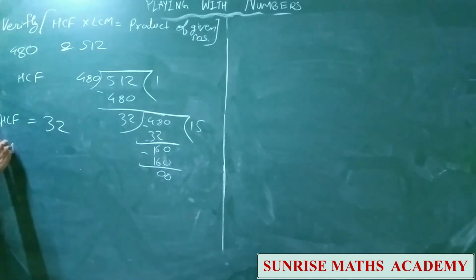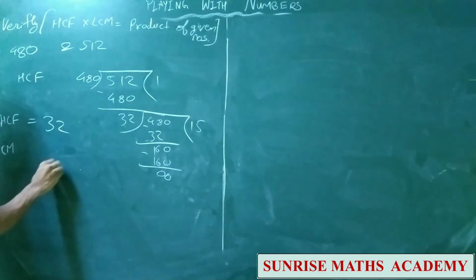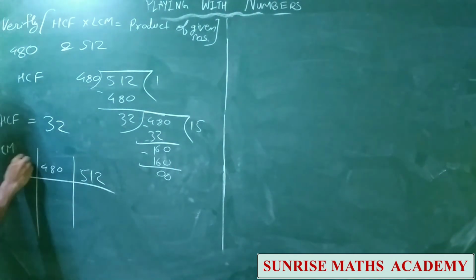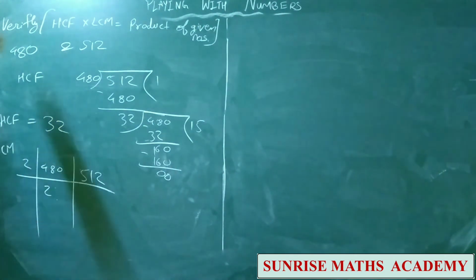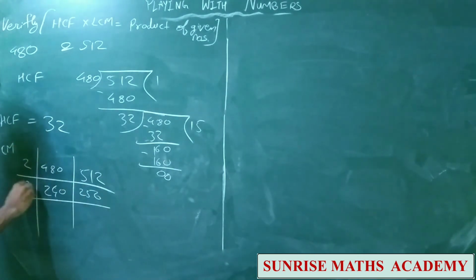LCM, 480 and 512. Both are divisible by 2. Again, both are divisible by 2.